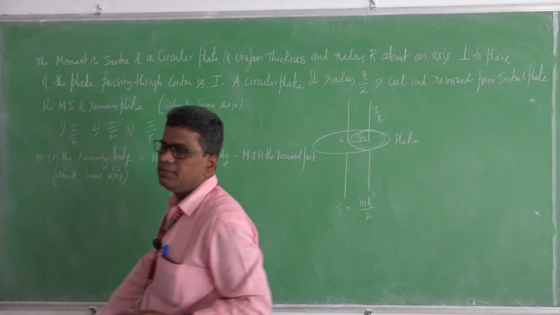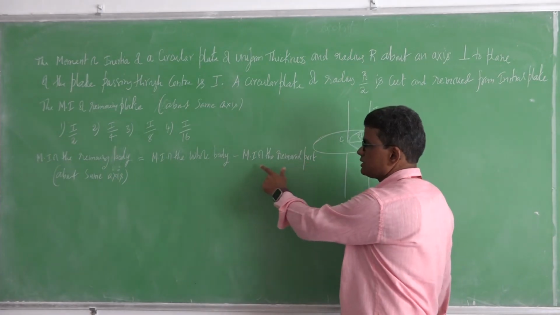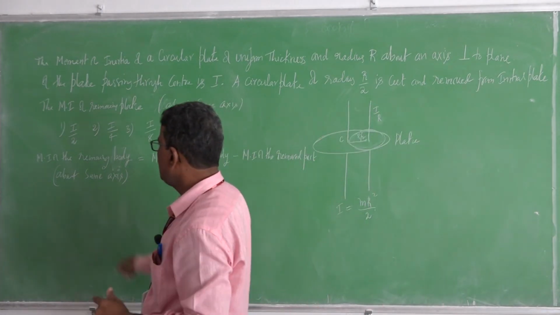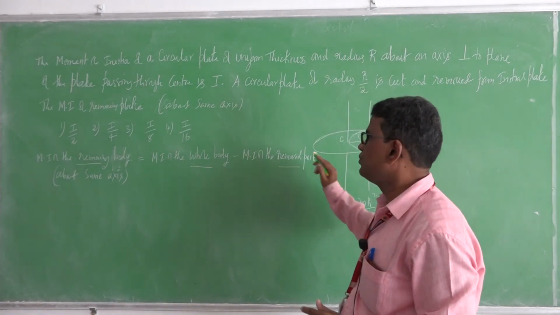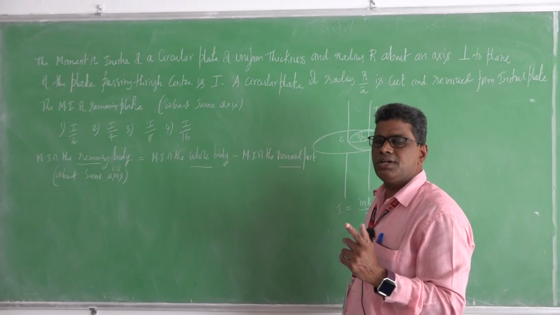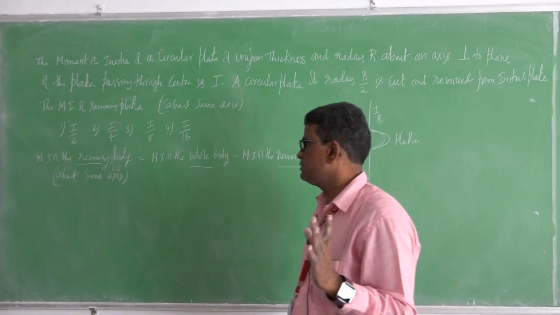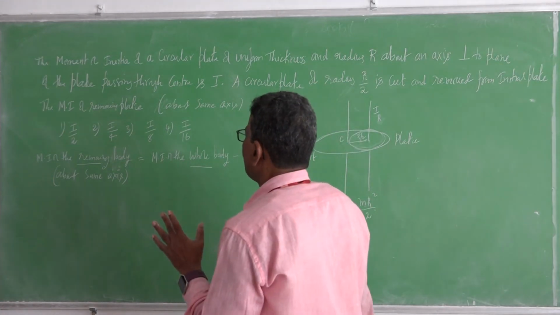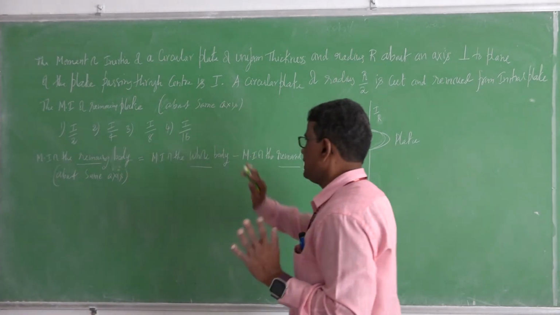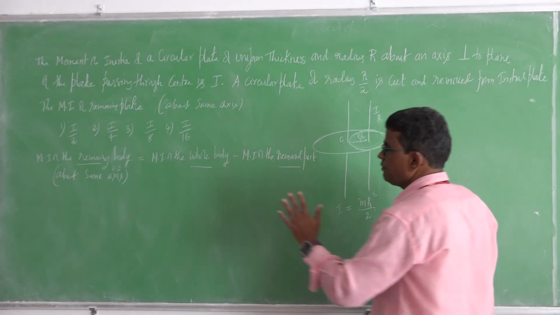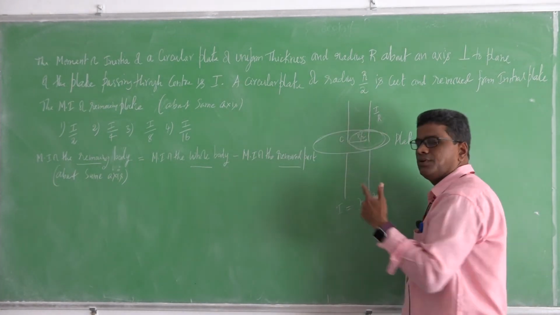So when you are applying this principle, for these three bodies, the remaining, the whole body and the removed part, the moment of inertia of all three should be about the same axis, that you have to mention. So we want the moment of inertia of the remaining body in terms of I. First, the moment of inertia of the whole body about this axis is I. Clear?